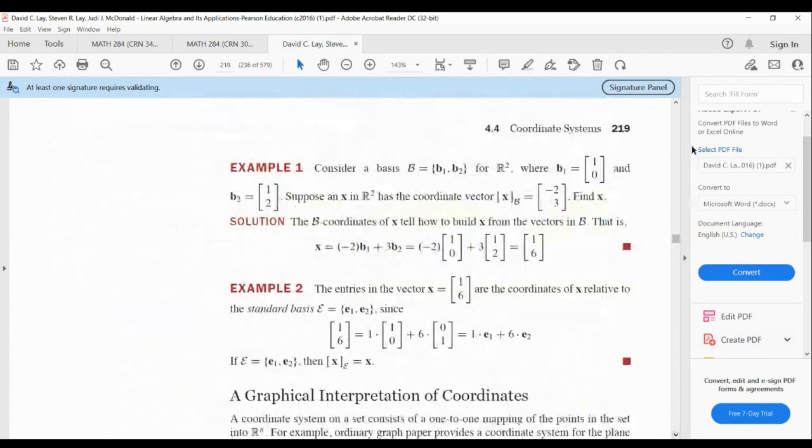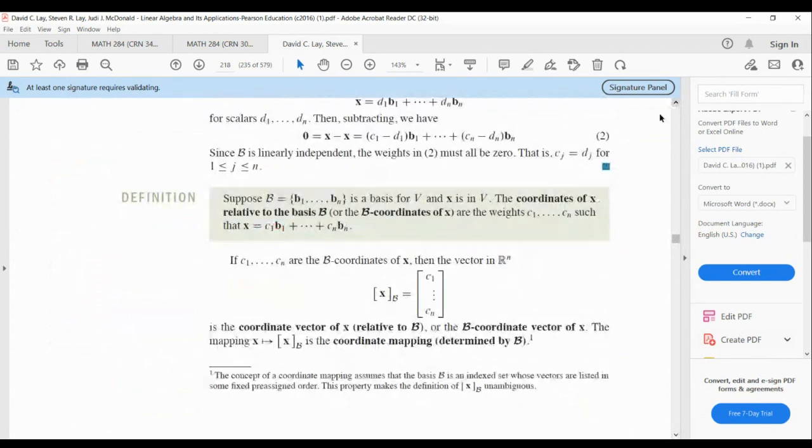Okay, so here now, another definition: if you have a basis for a vector space and x is in the vector space, the coordinates of the vector x relative to the basis b are those weights such that x is the linear combination of the basis vectors.